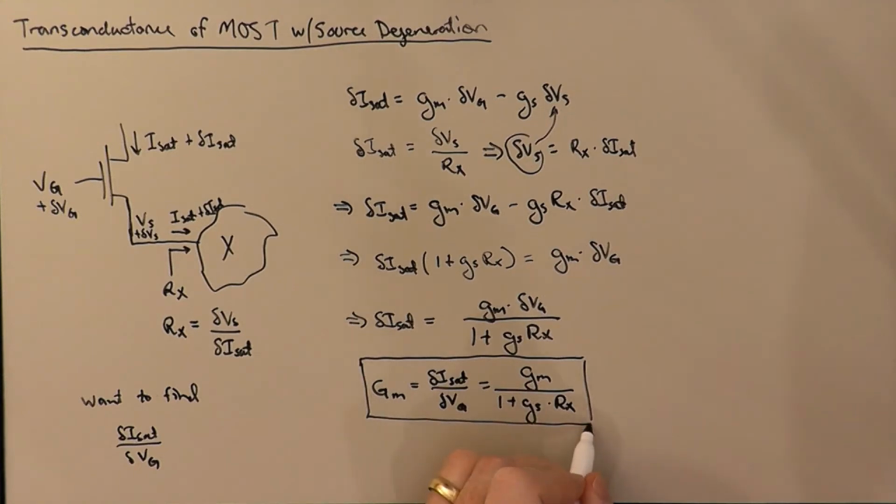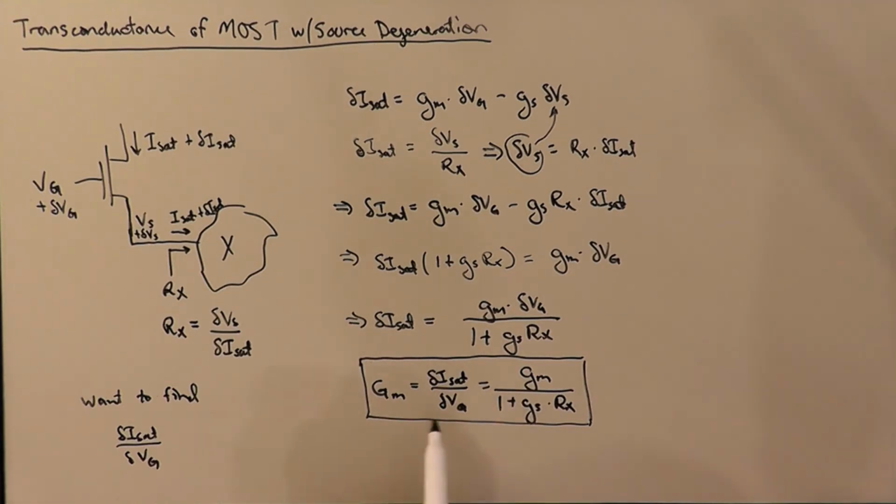And we can notice a couple of things here. One is that if gs and Rx are positive, which they will very often be, then this denominator is always greater than 1.